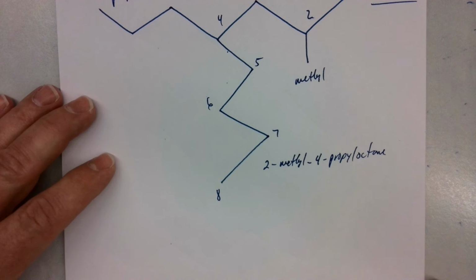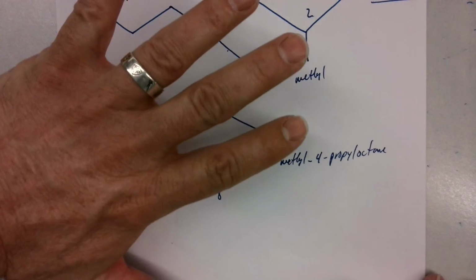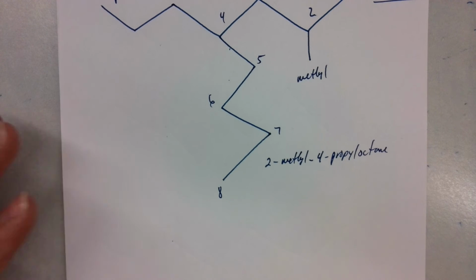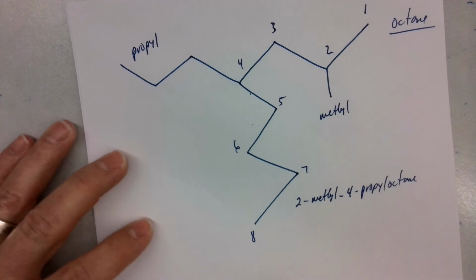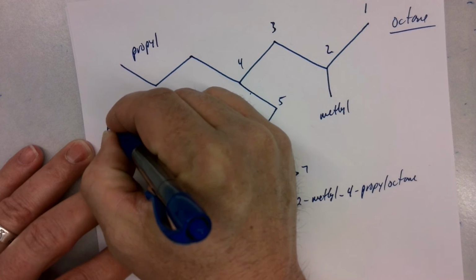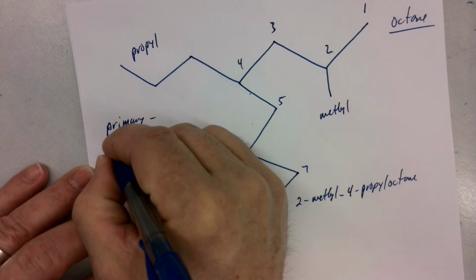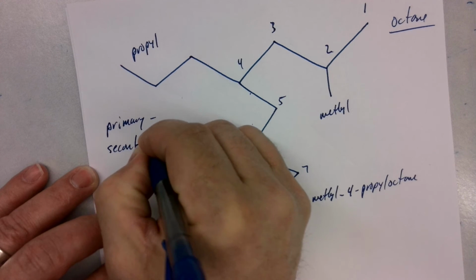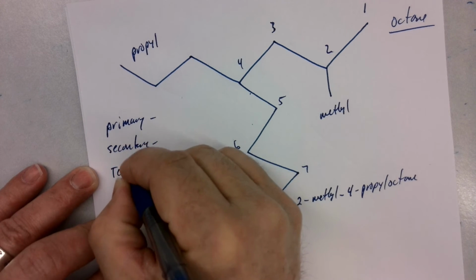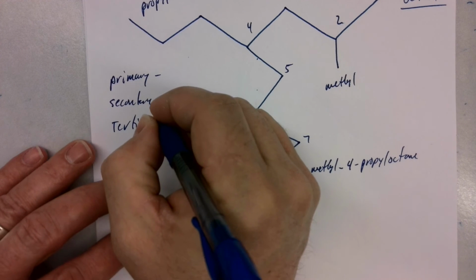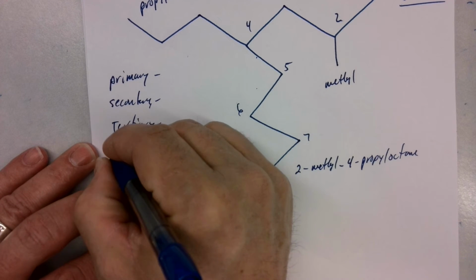Yep. Now, while we're at it, there are 4 types of carbons in any structure. You've got a primary, a secondary, a tertiary, and a quaternary.